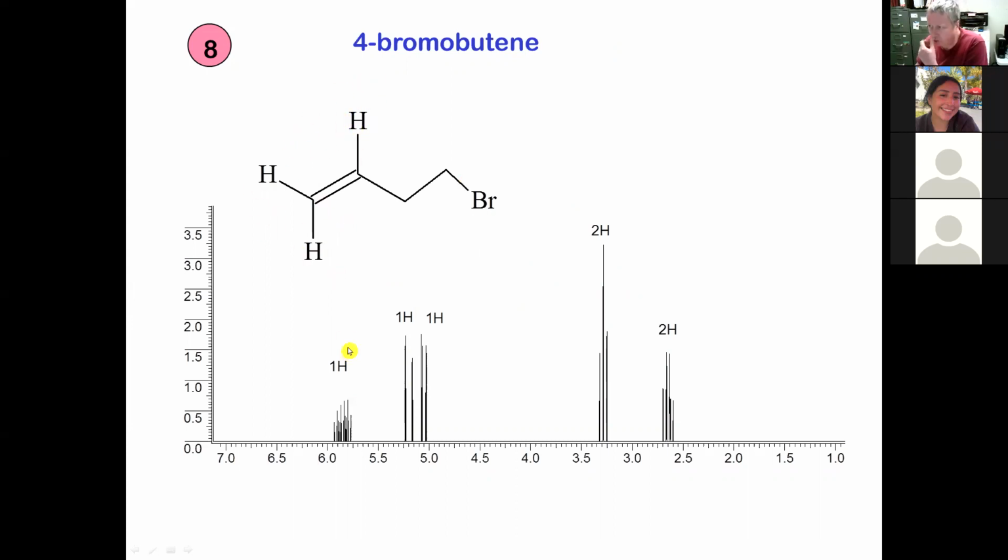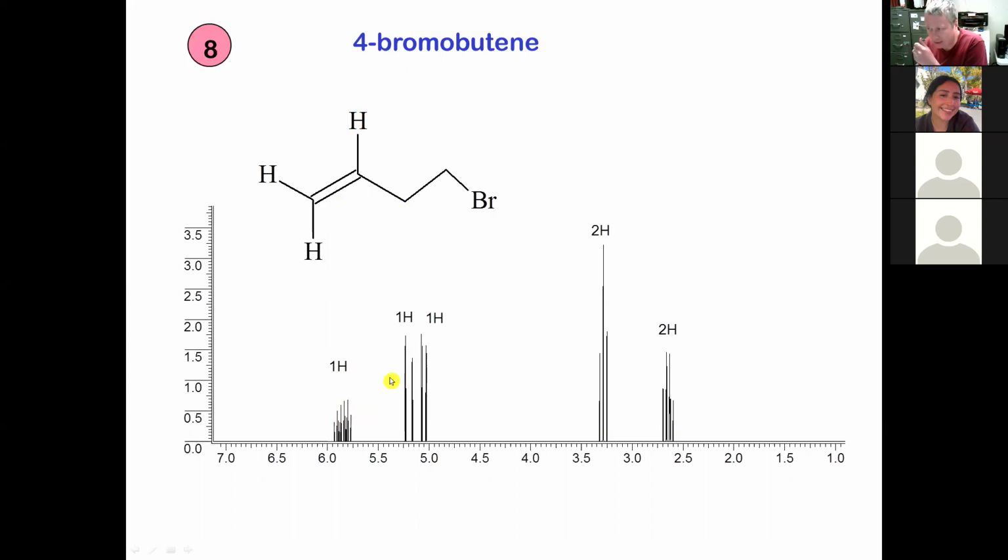Okay, so one of these looks like a mess. I call it a forest, a little forest of peaks. And this forest is the one with a bunch of neighbors. It's next to a cis proton, it's next to a trans proton, it's also next to a CH2. And so it is the crazy forest.